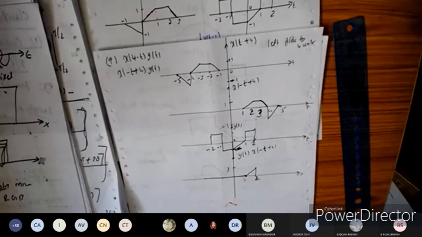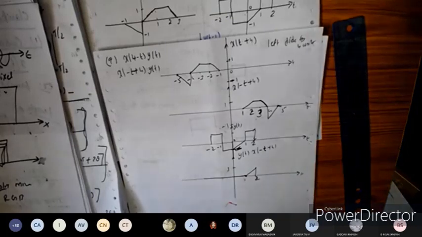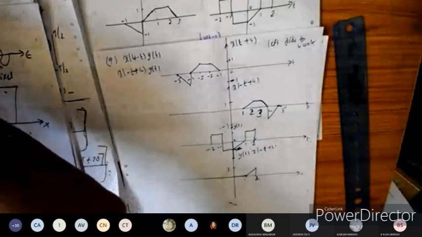Done, right? Yes, sir. Okay, so let us go for the next one. The next problem. You are done with the homework, right? You want me to tell that one? You want me to solve that problem, the 10th problem?